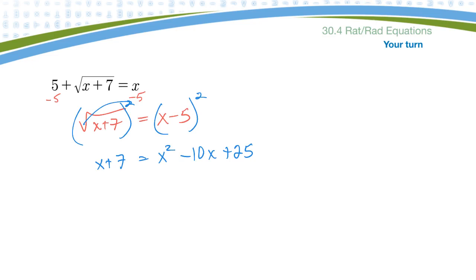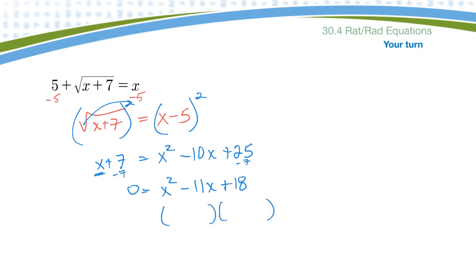Gather like terms, let's bring this x over and subtract it. So 10 take away 1 will be a negative 11x. And I'll subtract 7 on both sides, so that'll be 18 plus 18 equals 0.